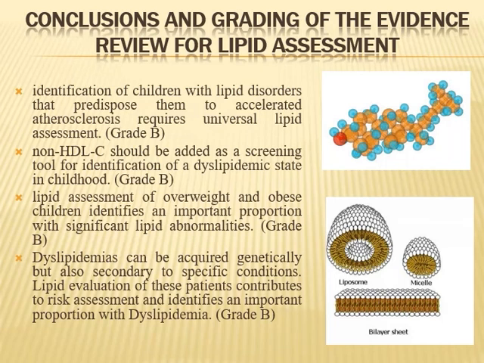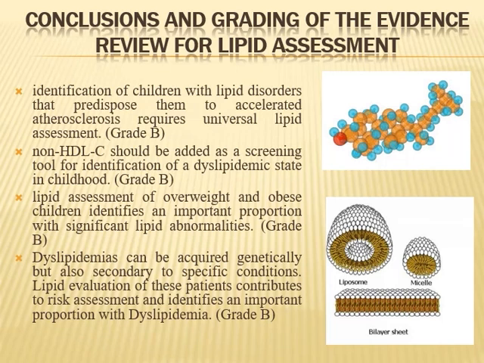Obesity is commonly associated with a combined dyslipidemia pattern with mild elevation in TC and LDL-C, moderate to severe elevation in TG, and low HDL-C. This is the most common dyslipidemic pattern seen in childhood, and lipid assessment of overweight and obese children identifies an important proportion with significant lipid abnormalities.